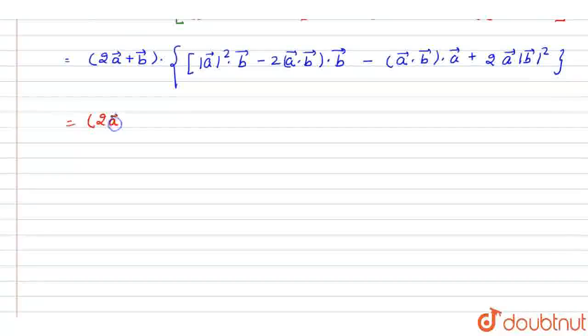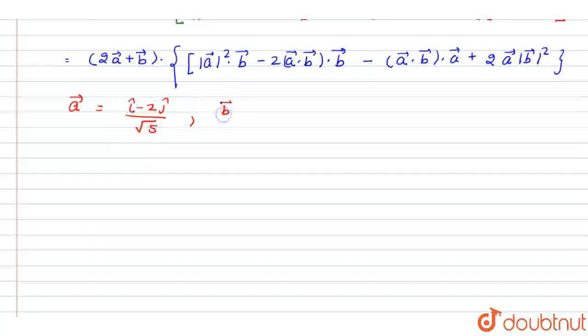Now we have to solve this value with 2a vector plus b vector. First we have to find the values of magnitude a vector and magnitude b vector. We also have to find the value of a vector dot b vector. In the question, a vector is given as i cap minus 2j cap divided by under root 5.